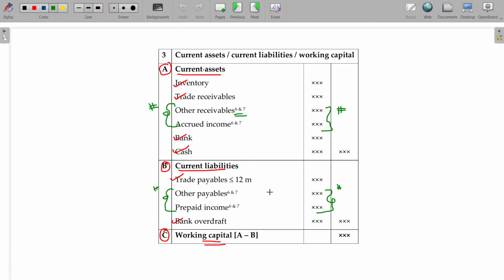So here you see, in case of other receivables and accrued income, okay, we have seen in working out number 6 and 7 will be your current assets, and other payables and prepaid income will be current liabilities. Other payables you supposed to pay, you are liable. You collected the money advance, you are liable. In these two cases, this is liable.